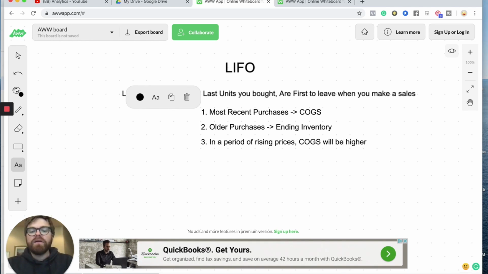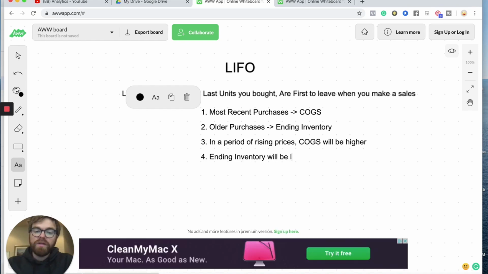Your most recent purchases usually are more costly, and they go to cost of goods sold first, so cost of goods sold will be high. Ending inventory will be low. It's left with a lower value, so it lowers your assets, right? Inventory goes on your balance sheet. Lastly, if your cost of goods sold is high, that means your income is low, but also your taxes are low. Those are some basic characteristics of LIFO.